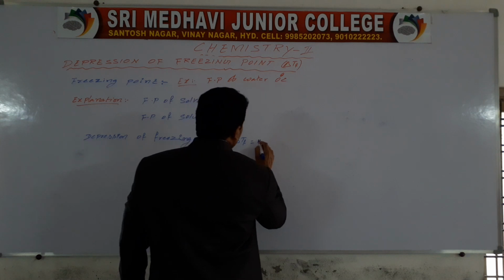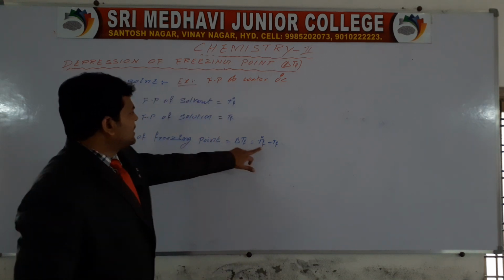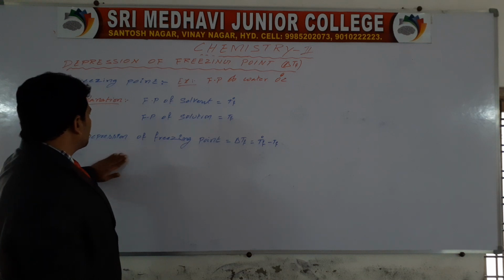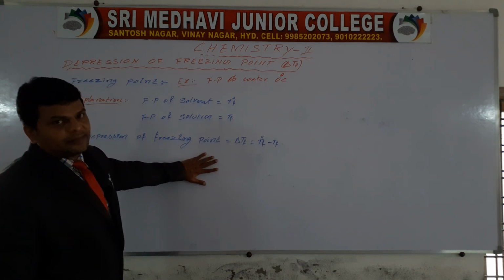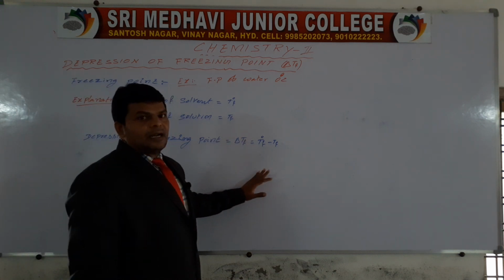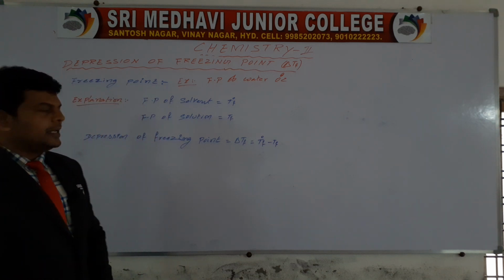Then T naught F minus TF. The difference between the freezing point of the solvent and the freezing point of the solution is nothing but the depression of freezing point, denoted by delta TF.